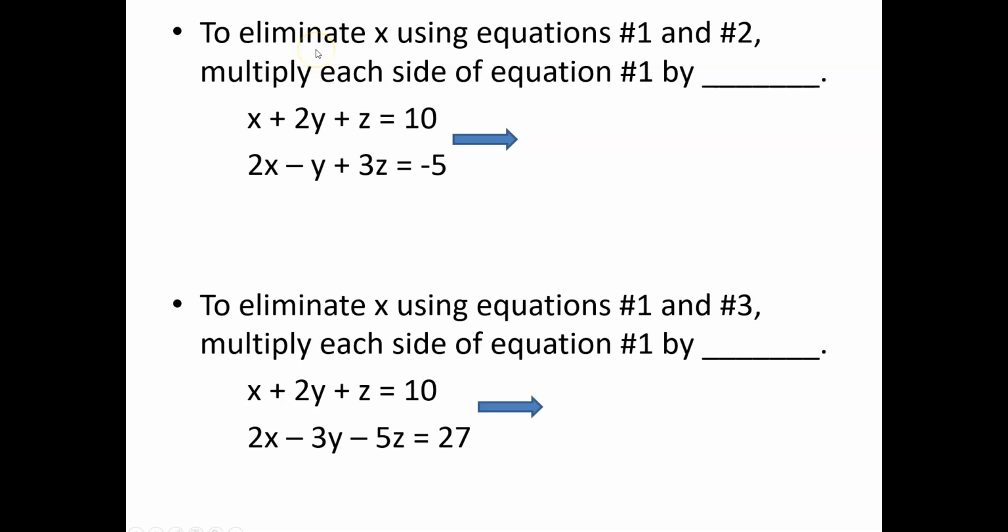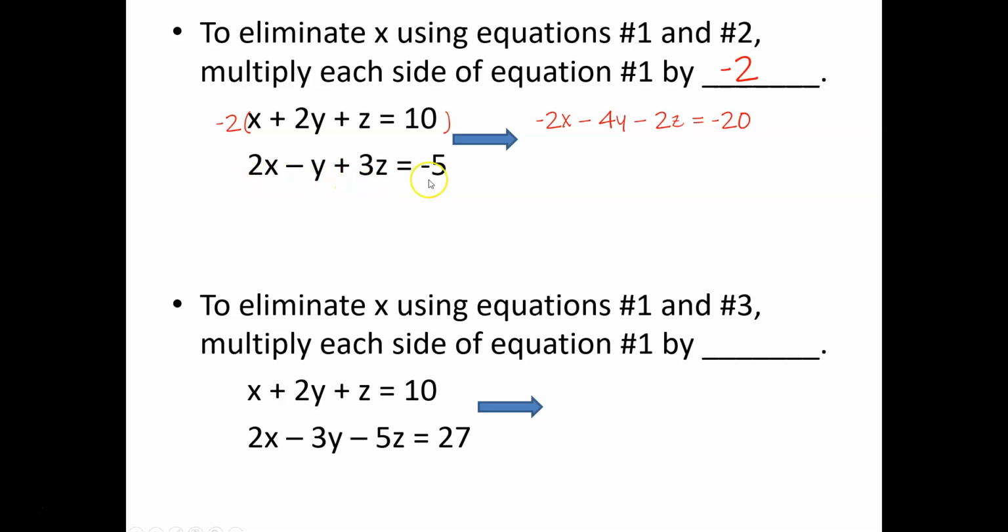So, to eliminate x using equations 1 and 2, we're going to multiply each side of equation number 1 by what? We want the opposite of 2. The opposite of 2 is negative 2, so we're going to multiply the entire equation by negative 2, which gives us negative 2x minus 4y minus 2z equals negative 20.